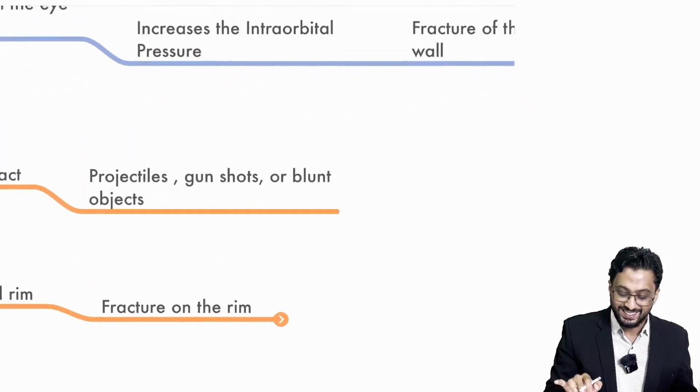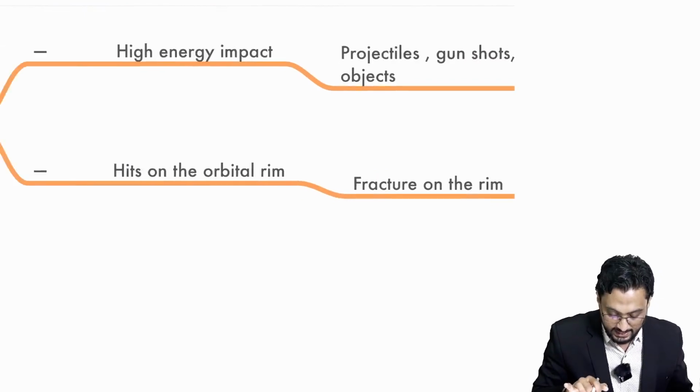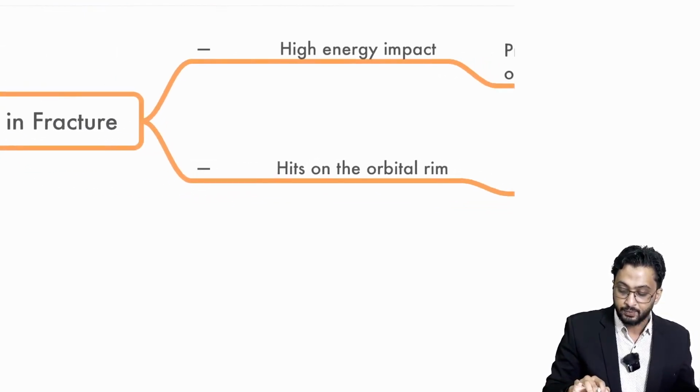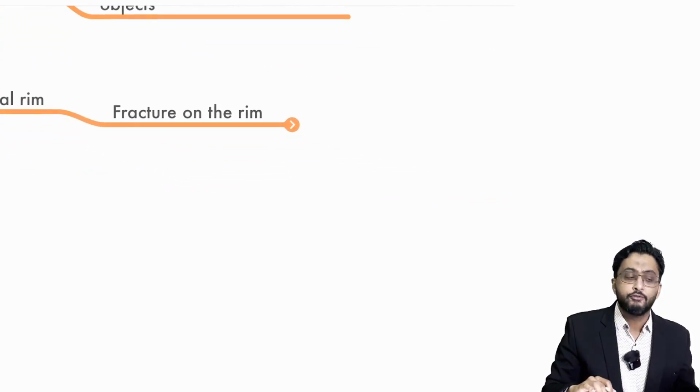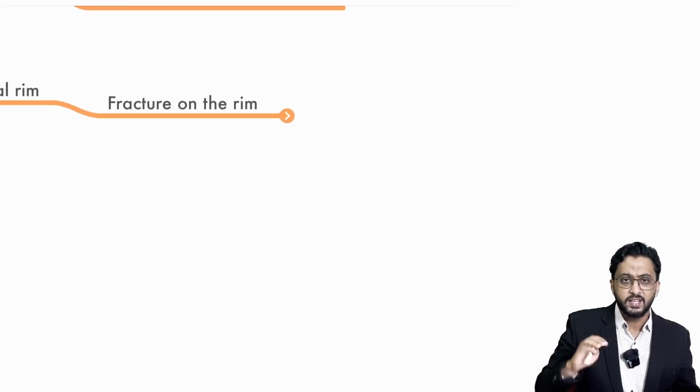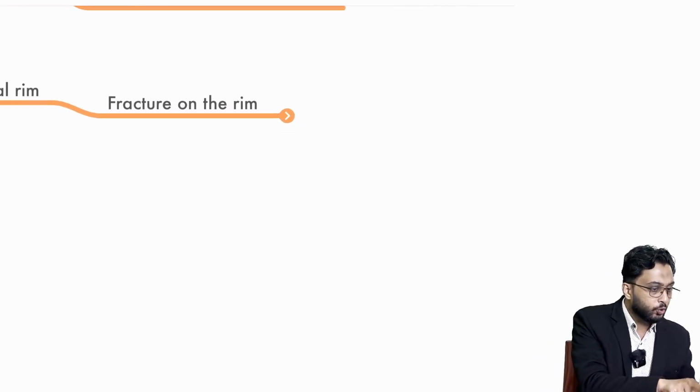Now the mechanics is going to change. We said in the blow-in fracture, it hits on the rim, fracture of the rim. Coming back to our older picture which we discussed, what happens in your blow-in fracture is it hits directly on the rim and the rim is fracturing.